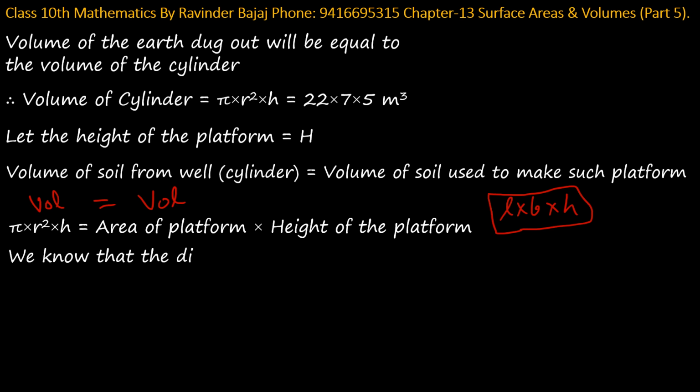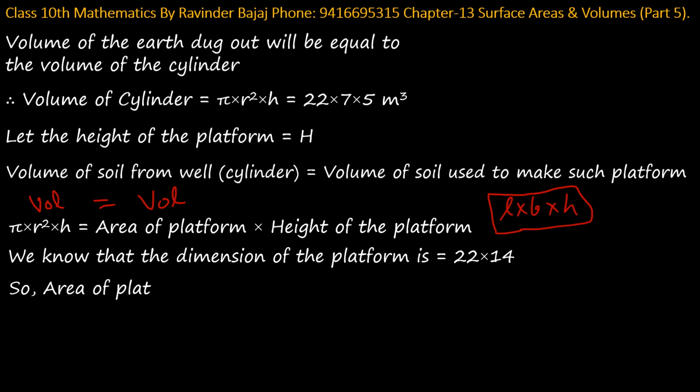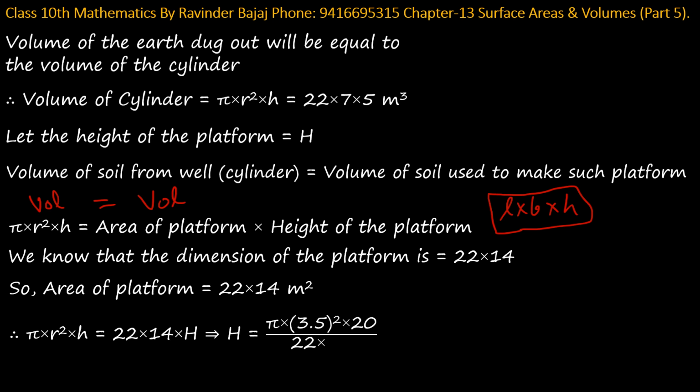We know that the dimension of the platform is 22 into 14. And what is the height we have assumed? h is the height. So we will put the value of h here. Area of the platform is this. So pi r square h is equal to 22 into 14 into h. Now h will remain here and 22 into 14 will go in the denominator.